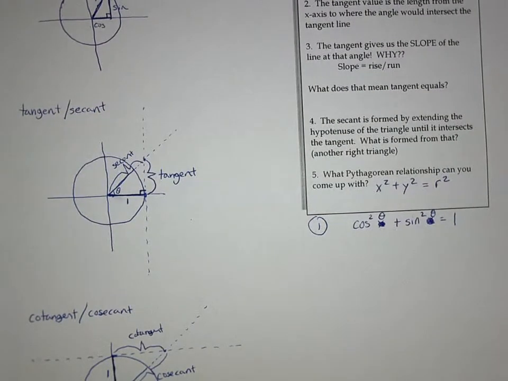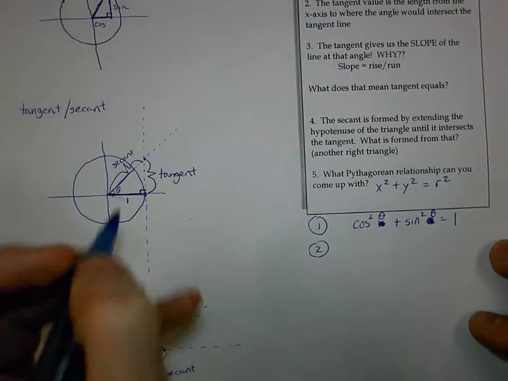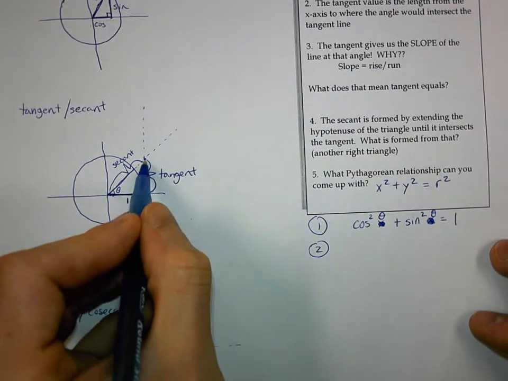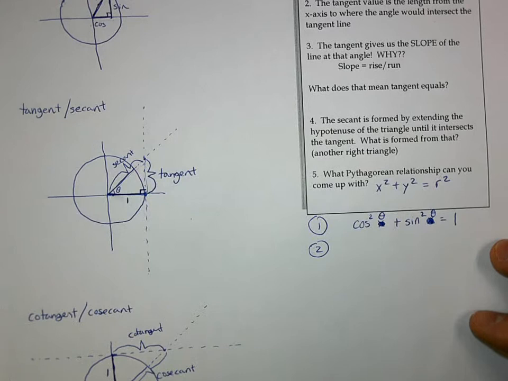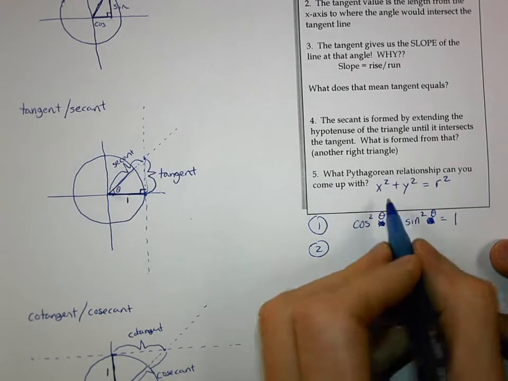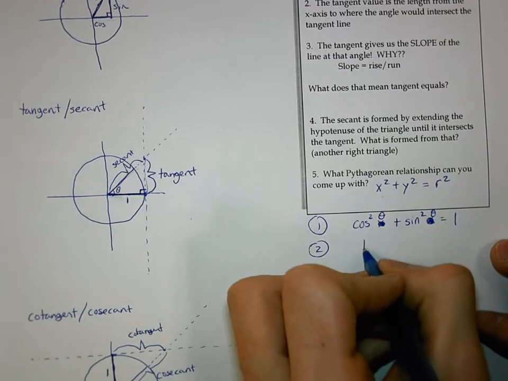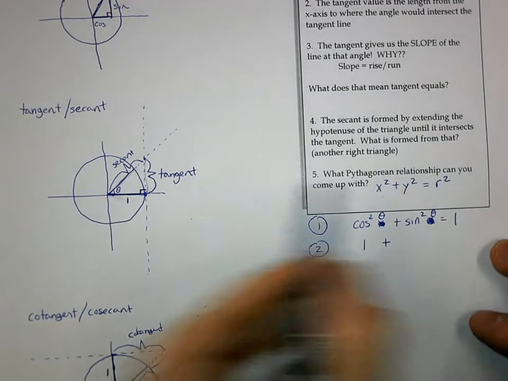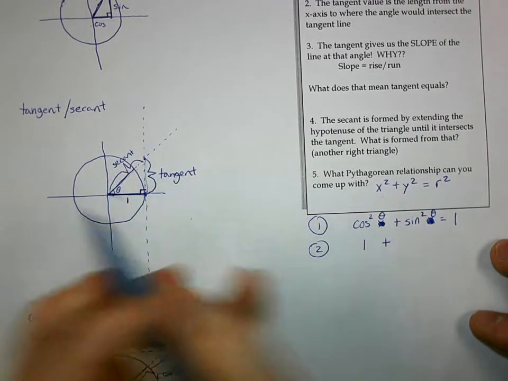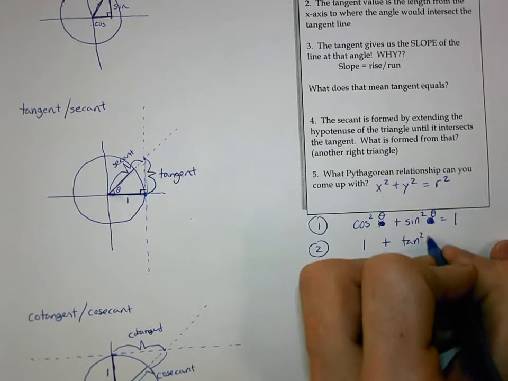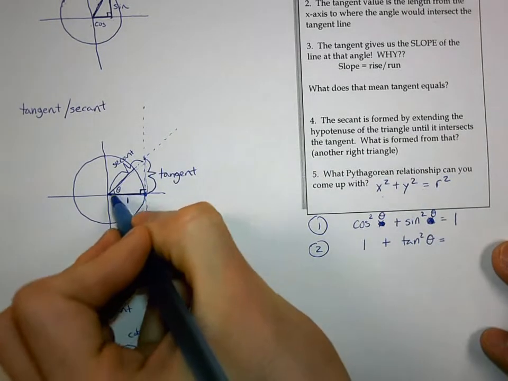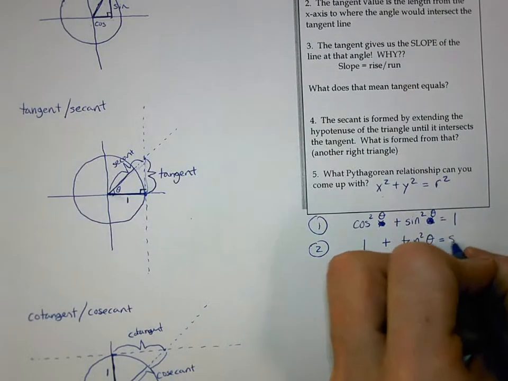We can apply that same thought process with this reference triangle that involves the tangent and secant. So if I look at my x piece, my x is going to be 1 squared, which is 1. My y value is tangent, and that's going to equal the long side, which we said was secant.